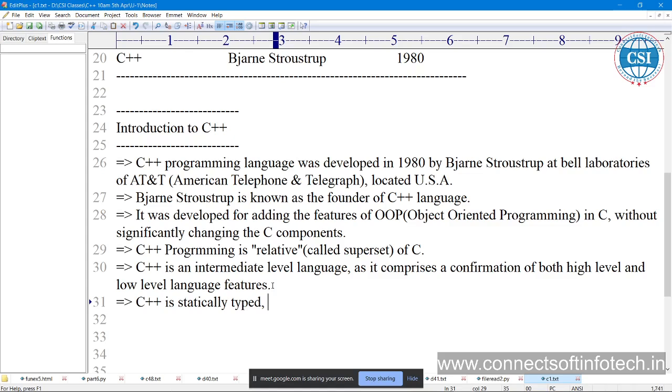Those are dynamically typed programming languages. C++ is also free form, multi-paradigm, meaning both POP plus OOP, compiled, general purpose programming language.